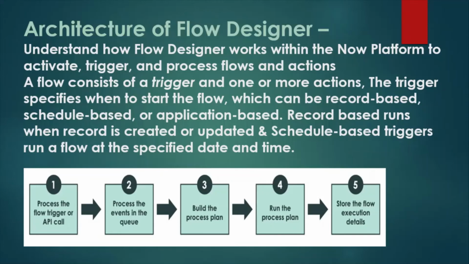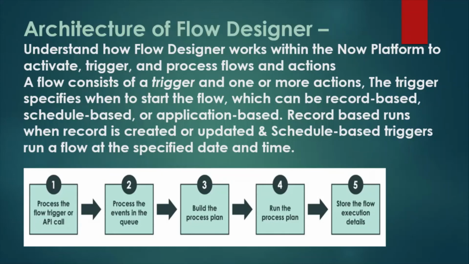A flow consists of a trigger, which I have already told you about, and one or more actions. The trigger condition specifies when to start the flow, which can be record based, schedule based, or application based. Record based runs whenever a record is created or updated.